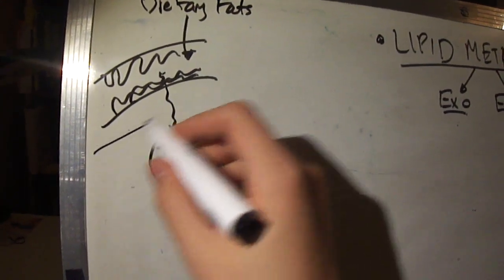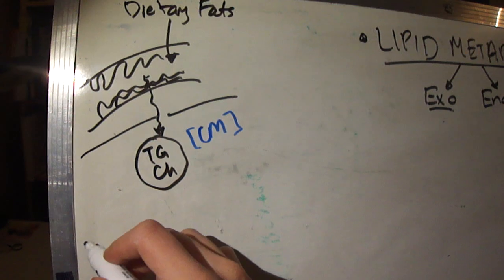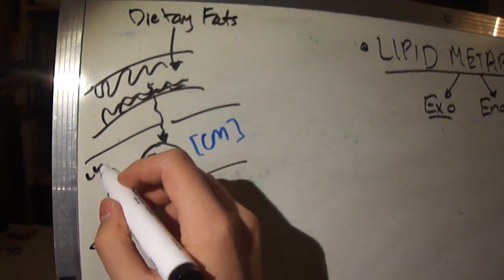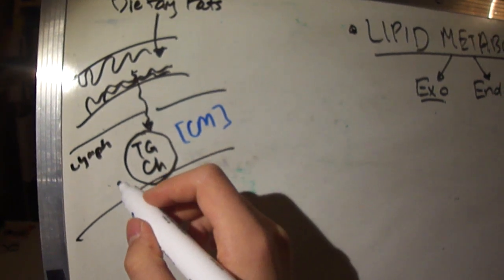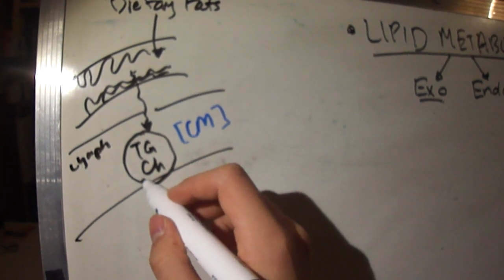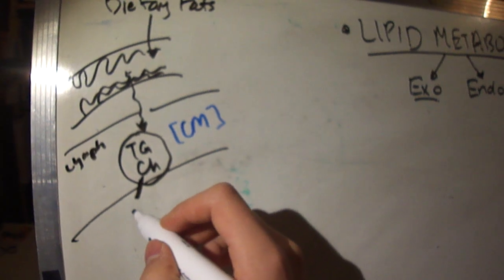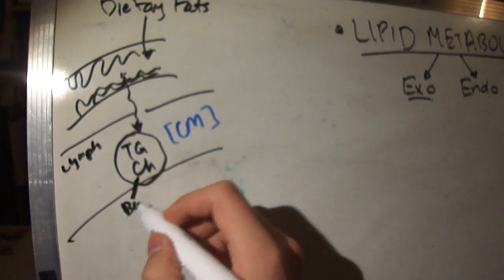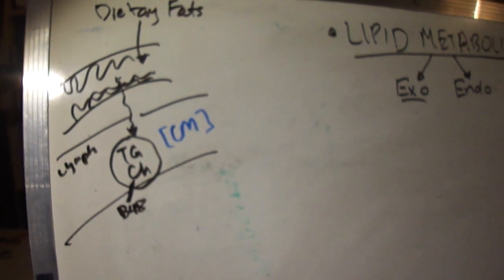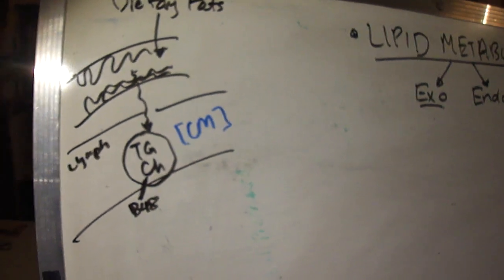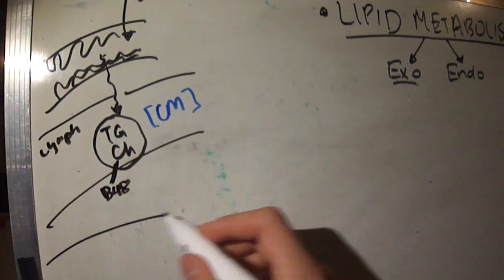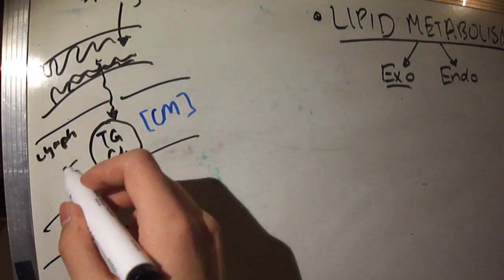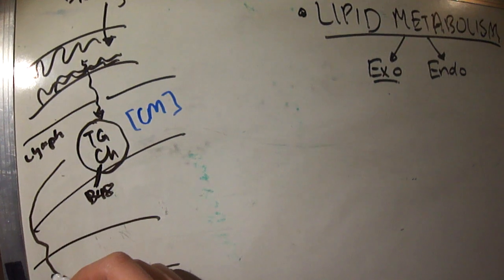Now it's going to secrete this particle into the lymphatic system, and once it gets into the lymph, it gets associated with an apolipoprotein, B48. This chylomicron travels through the lymph, bypasses the liver, and eventually ends up in the bloodstream.